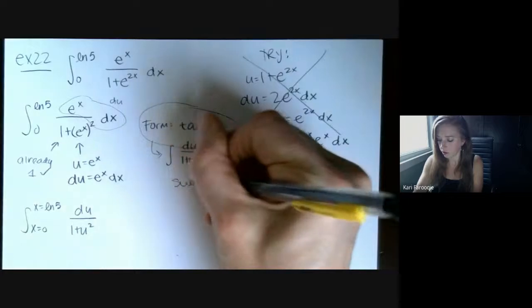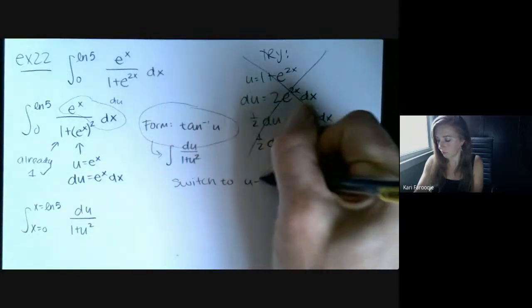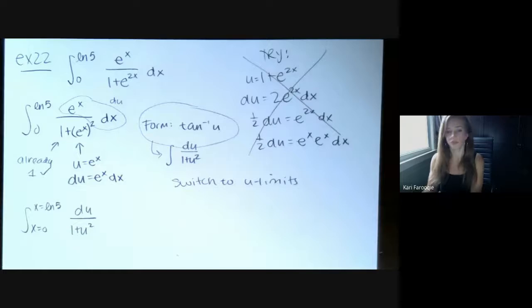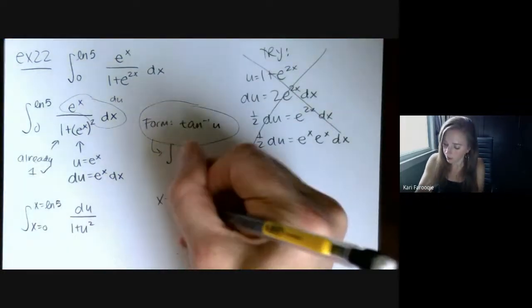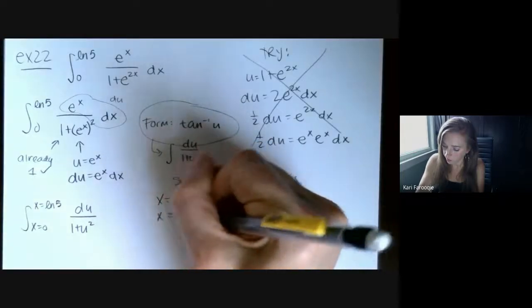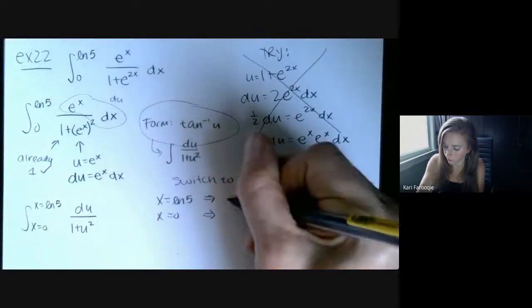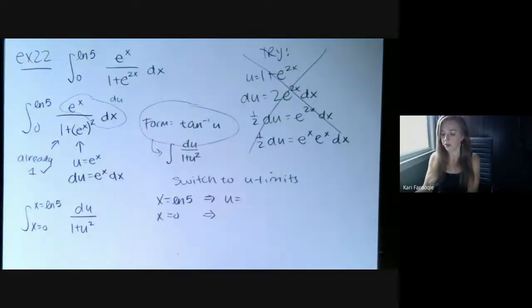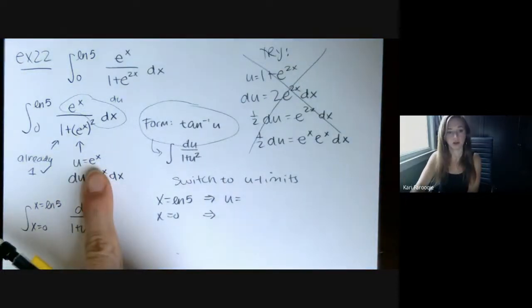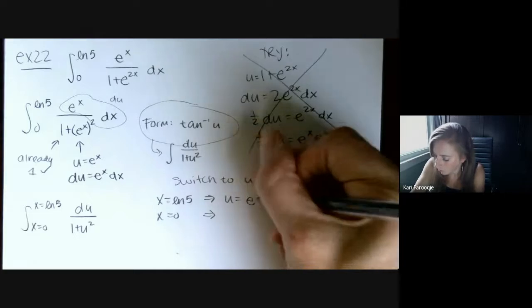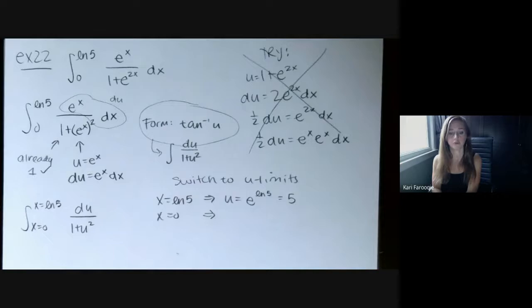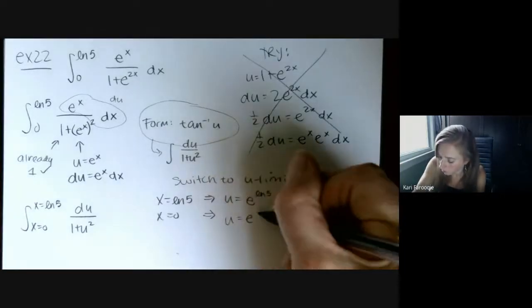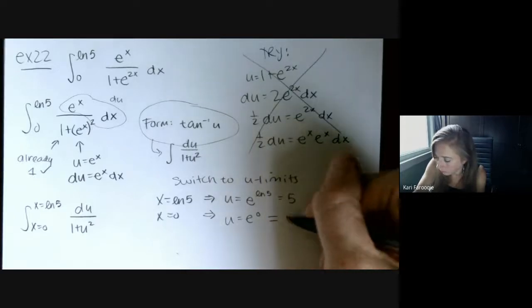Fantastic. Switch the u limits. x equals ln 5, x equals 0. We said that u was e to the x. So we'll have e to the ln 5, which simplifies to 5. And u equals e to the 0, which is 1.